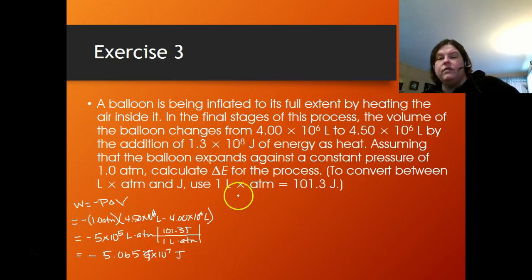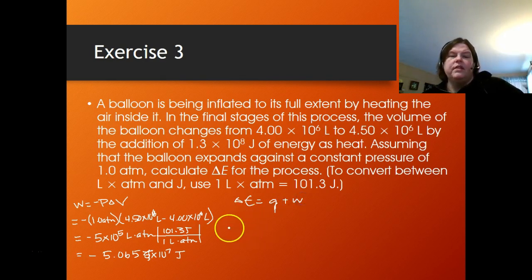Then we plug that into the delta E equation. Delta E is equal to Q plus W. Sorry about the break there. So delta E, the internal energy, is equal to Q plus W. We go back to the problem and we find that the Q is being put into the system, so that means it's positive.